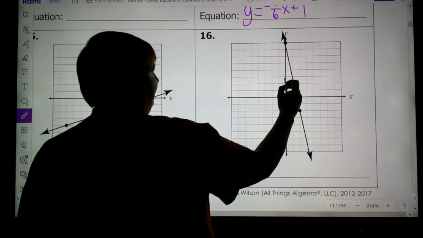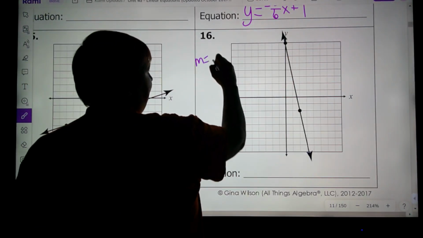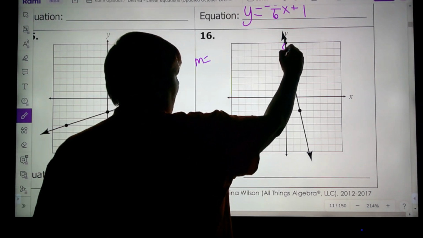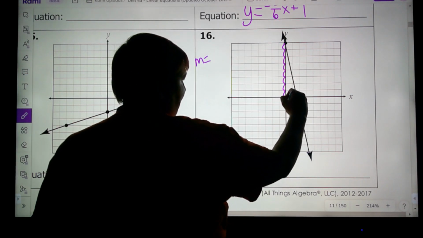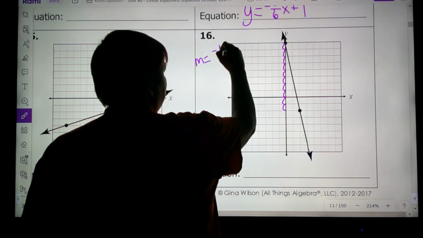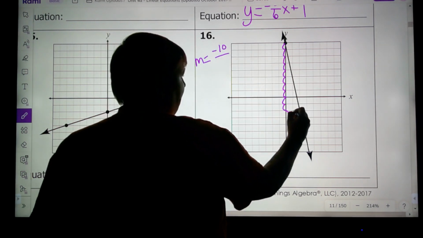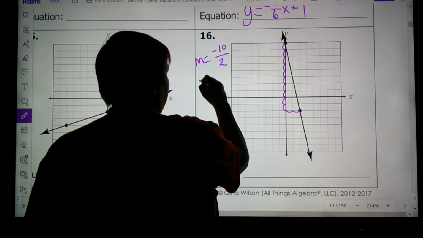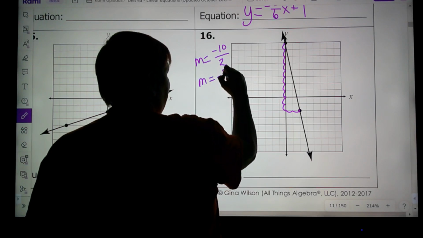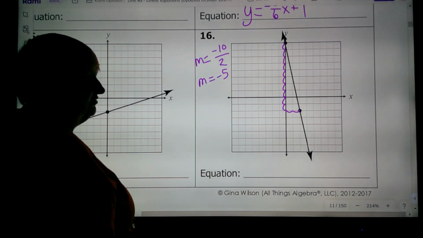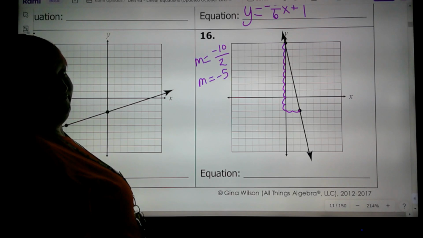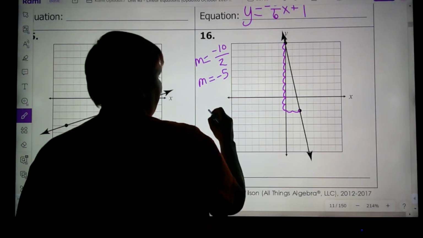16. Our m, I had to go down 1, 2, 3, 4, 5, 6, 7, 8, 9, 10. Wow. Down 10. Right 2. Simplified is -5. That's steep. You're going downhill very, very fast. Just saying.